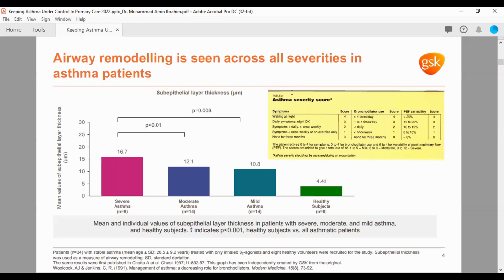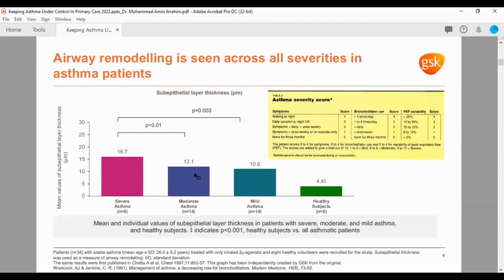So we divide patients into 3 categories: severe asthma, moderate asthma, and mild asthma, based on the asthma severity score, where we measure symptoms, bronchodilator use, as well as PEF variability. Based on these 3 parameters, we can divide patients into mild, moderate, and severe asthma, in comparison to healthy subjects.